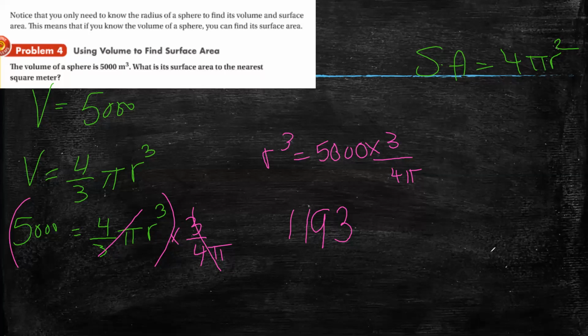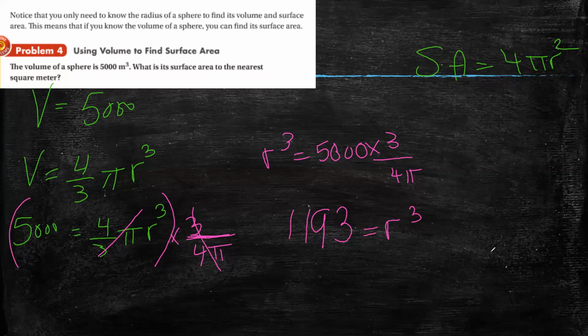So if I want to find this one, I have to multiply 5,000 times 3 over 4 pi. Yeah, teacher, your answer is correct.